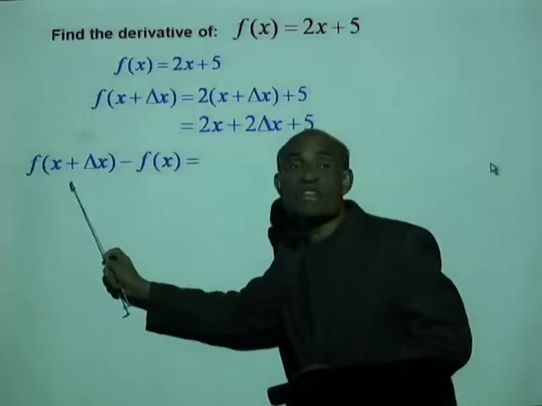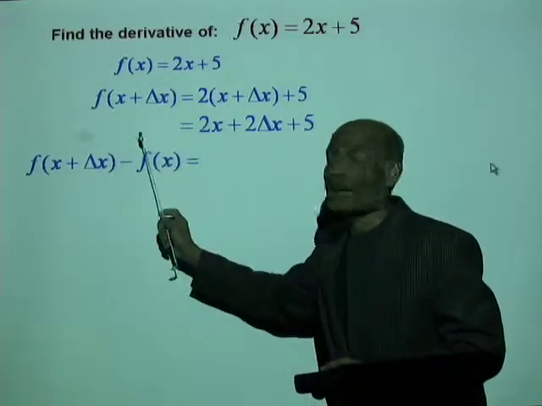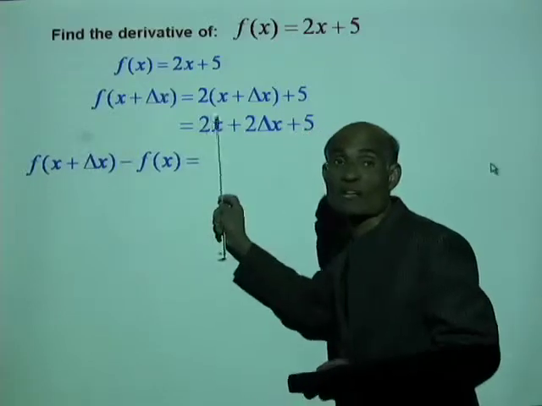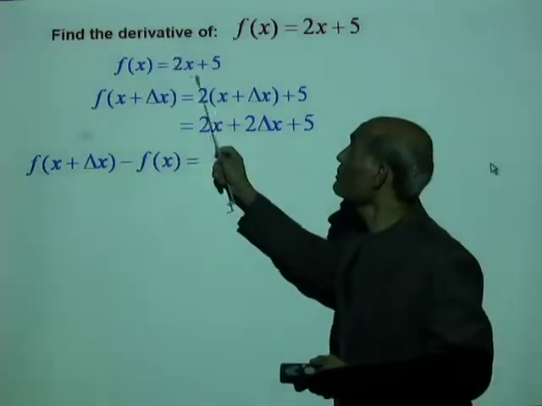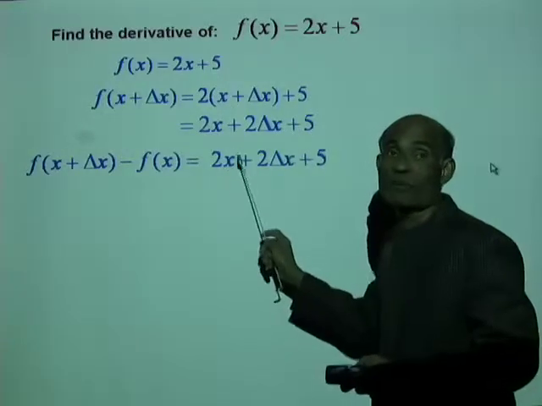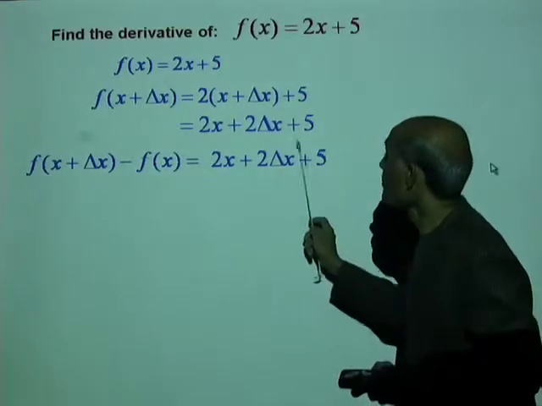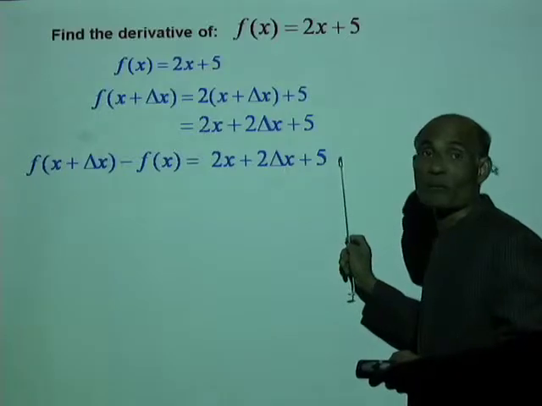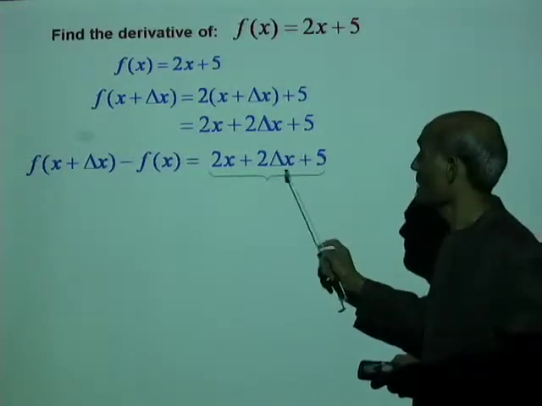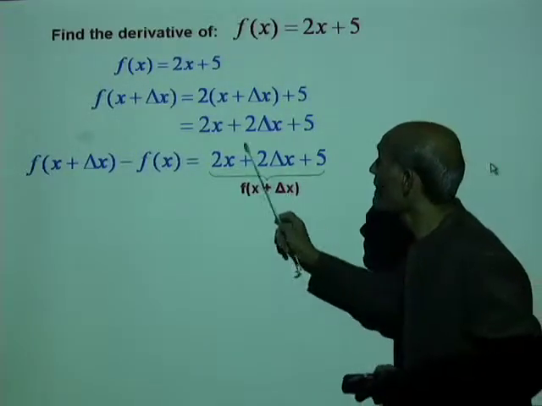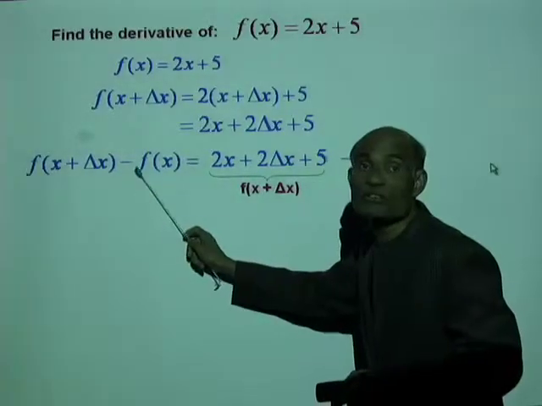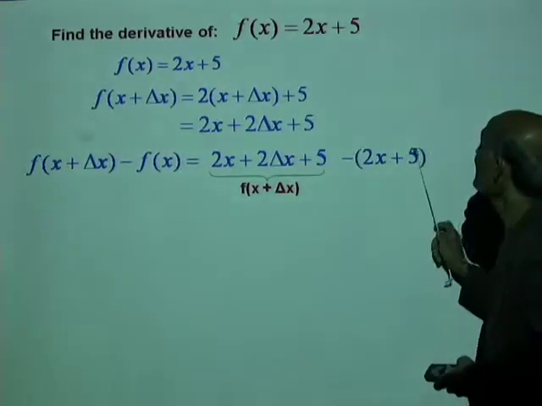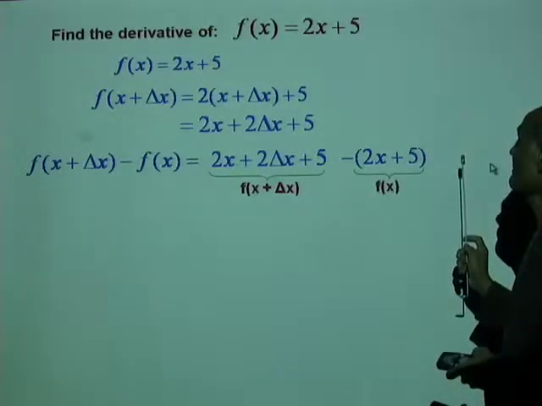Now what is the change in the function value? That is f of x plus delta x, which is this quantity, minus f of x, which is 2x plus 5.